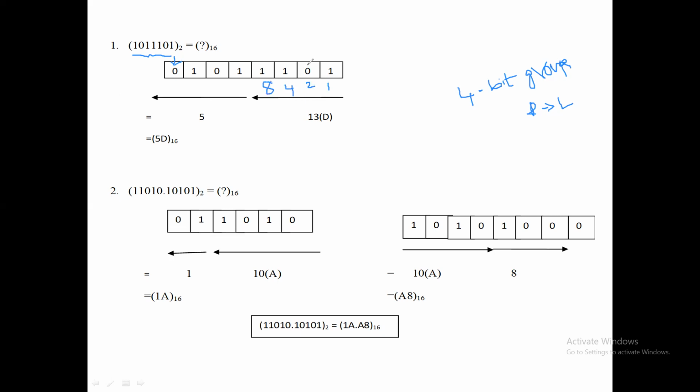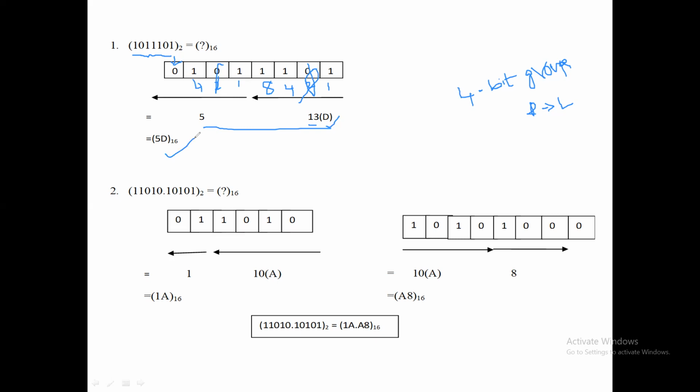Since this is 0, you cannot consider the 2, and the remaining 8 plus 4 plus 1 makes 13, represented by capital D. Similarly here it is 0101, which means this is 1, this is 2, this is 4. So 4 plus 1 is 5, and the number represented is 5D in base 16.